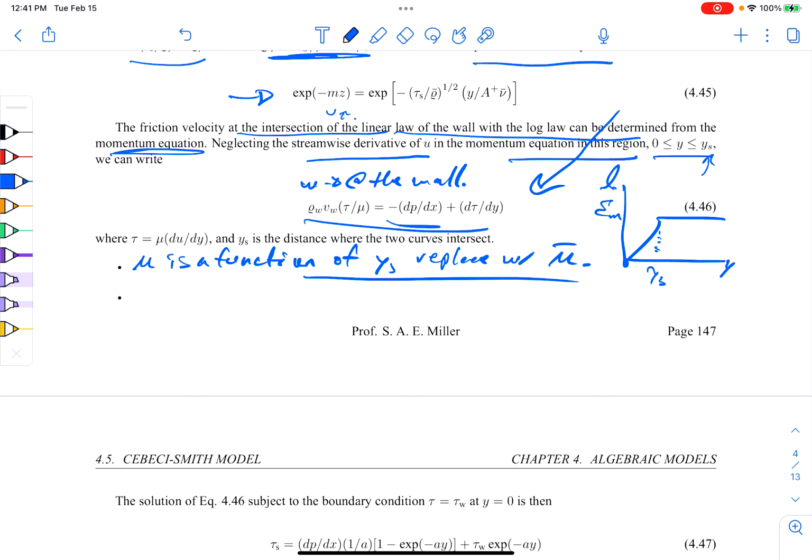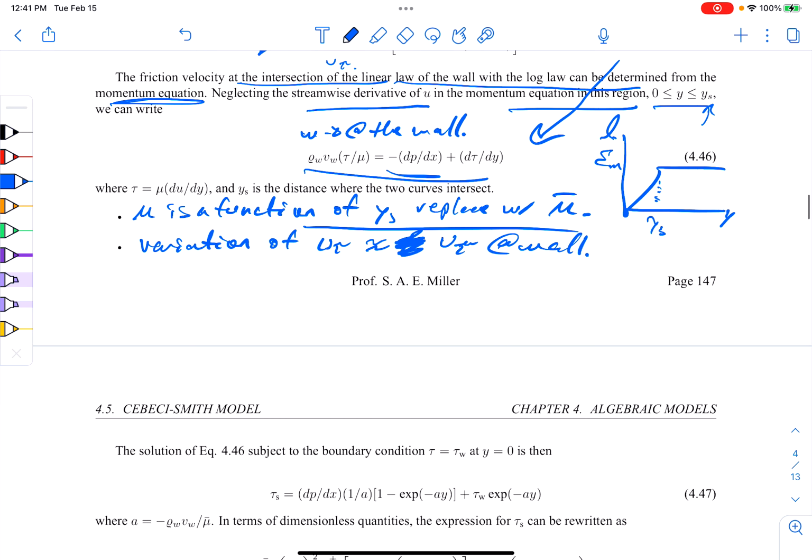So for flows over, say, flat plates, the friction velocity will be nearly equal to the friction velocity at the wall. So variation of, say, u_tau will just be approximated as u_tau at the wall.